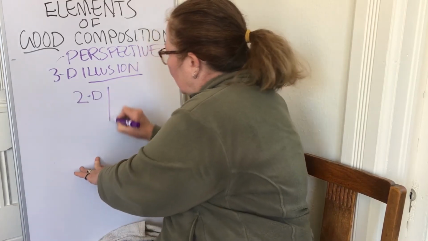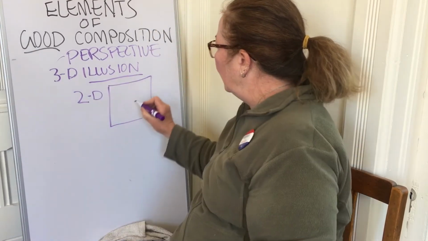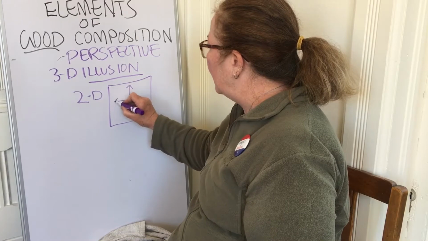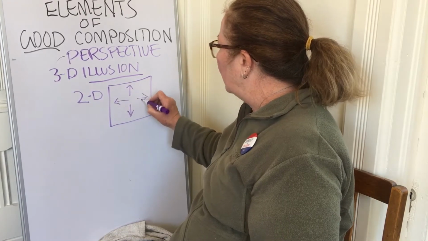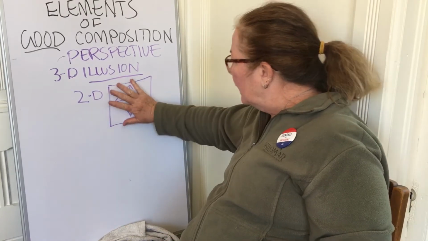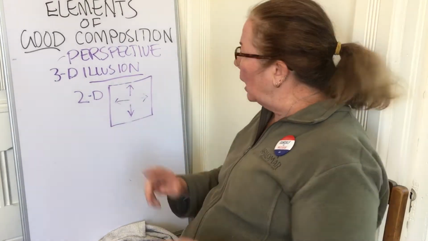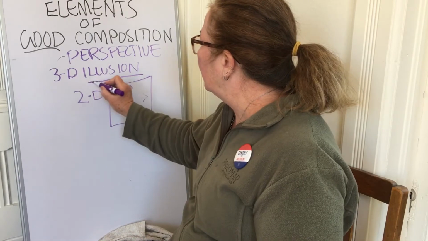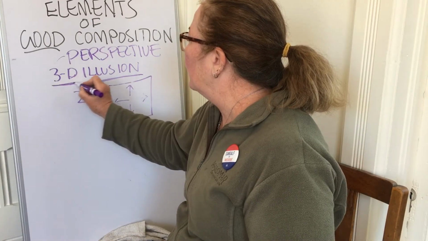Our photographs are 2-dimensional. Right, they're flat. All we have is the space in the format, right? The format's the size. So I can't stick my hand through it, right? It's flat. I can't do anything else. So I have to be able to create an illusion of 3 dimensions.